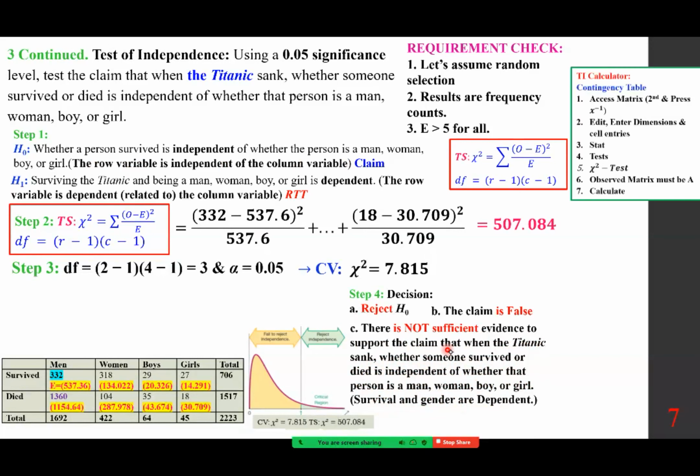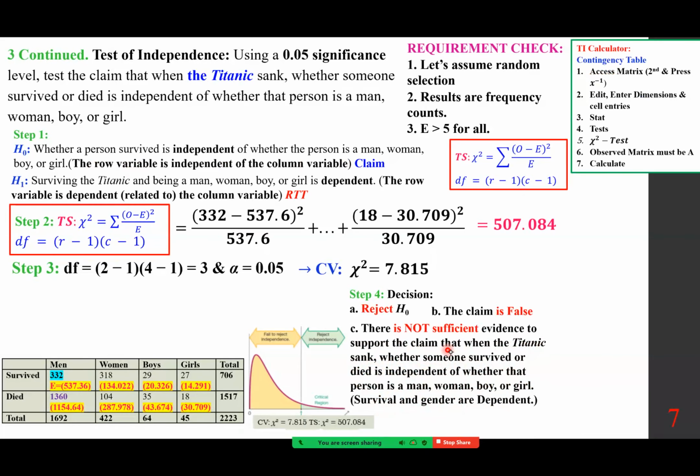Now, we can do this by technology. First and foremost, we need a matrix. For example, on the TI, press second and x to the power of -1, that will give us access to the matrix. We first put the size 2 by 4.